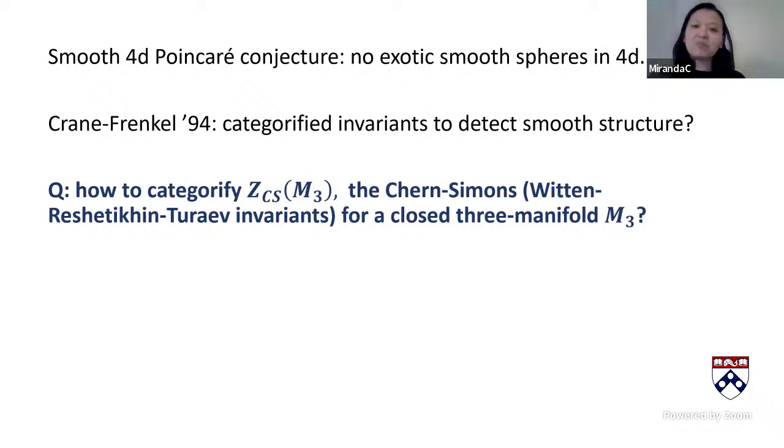And in particular, famously, the closed 3-manifold invariants include the Witten-Reshetikhin-Turaev invariants, which are basically, up to normalization, like the Chern-Simons partition function. And is it possible to categorify those in a similar spirit as one categorifies the Jones polynomial? Okay, so that's some general motivation.